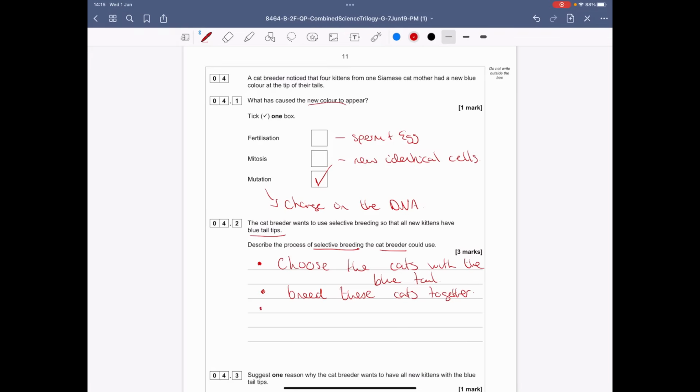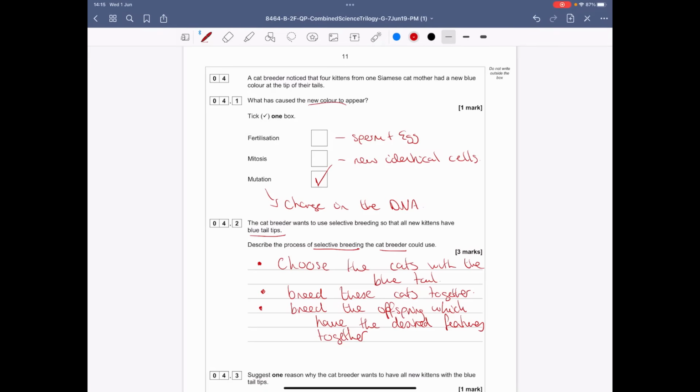Okay, and then you would look at their offspring and you would then breed the offspring which have the desired features together.